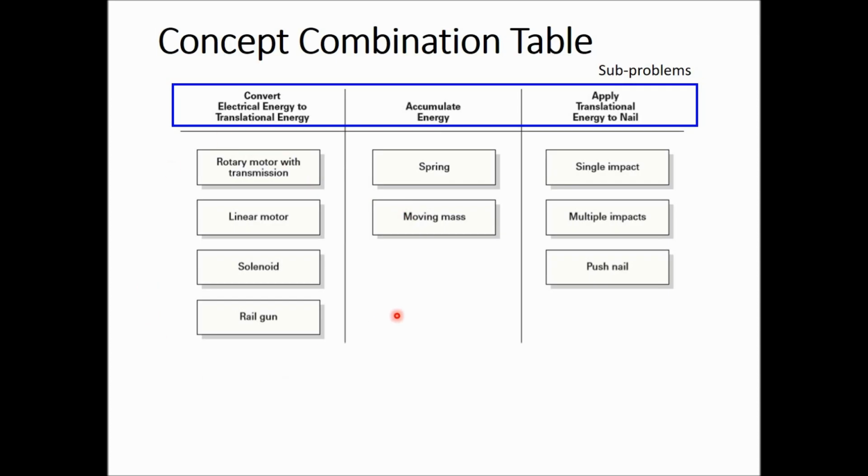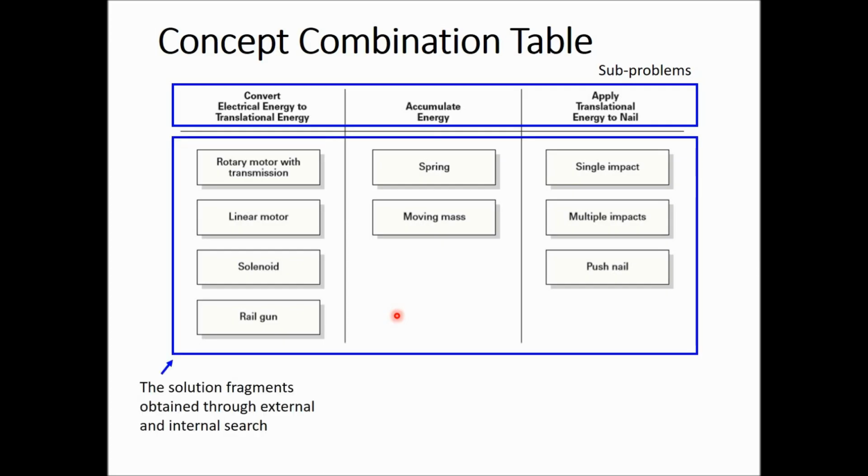So once you complete identifying different technologies to implement different sub problems, the different technologies that we could use are basically identified during our external and internal search, and these are called solution fragments.